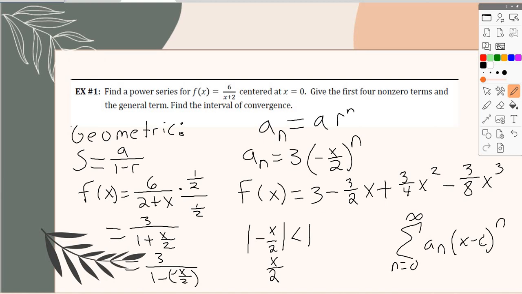But what am I going to have to create in order to drop all of the absolute value? Compound inequality. So it does have an upper bound of 1, but it will also have a lower bound of negative 1. So what do we get then?